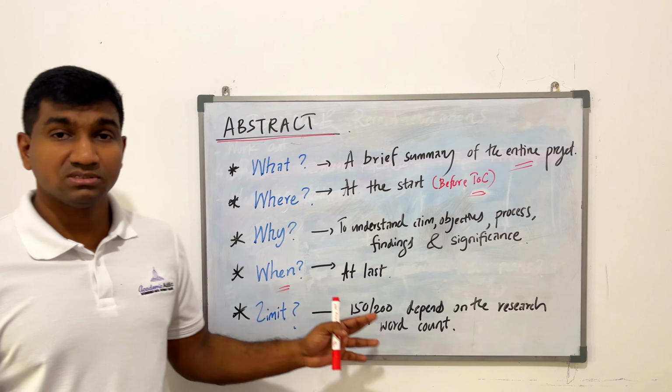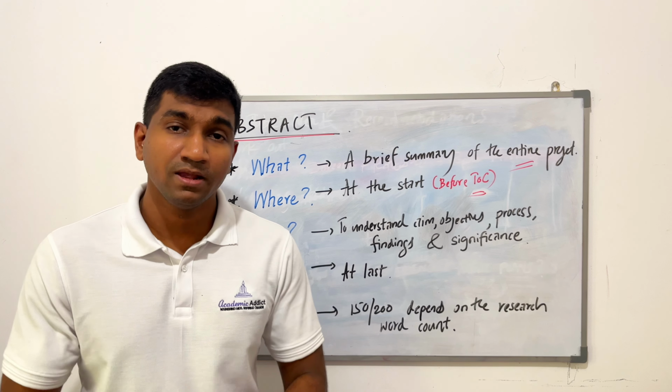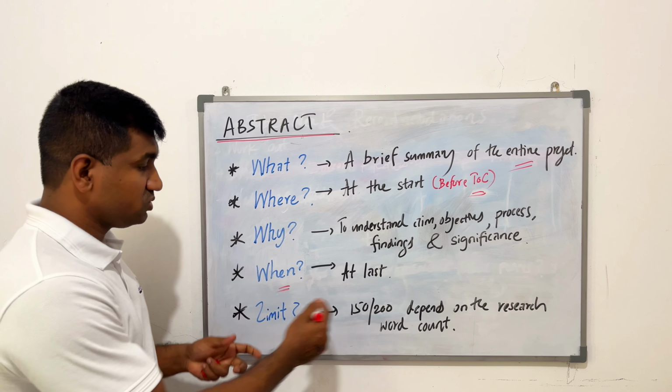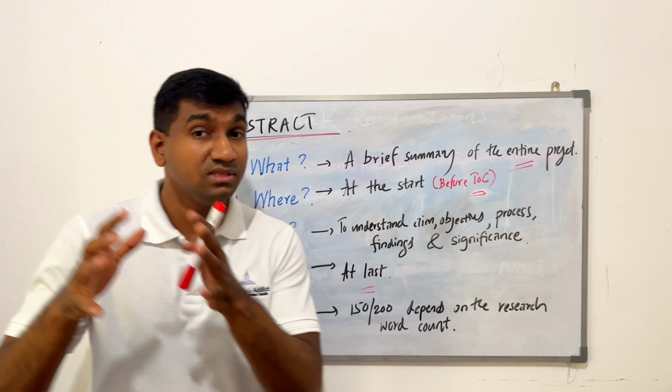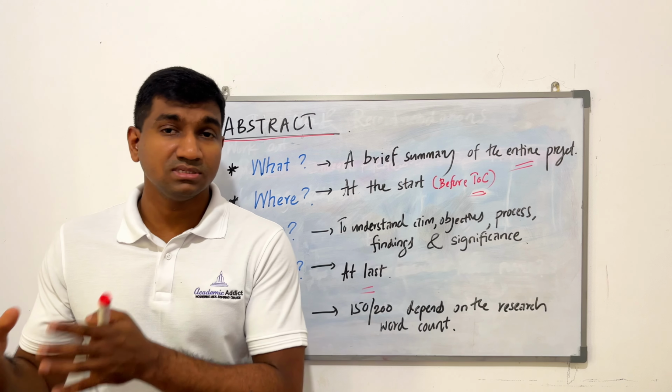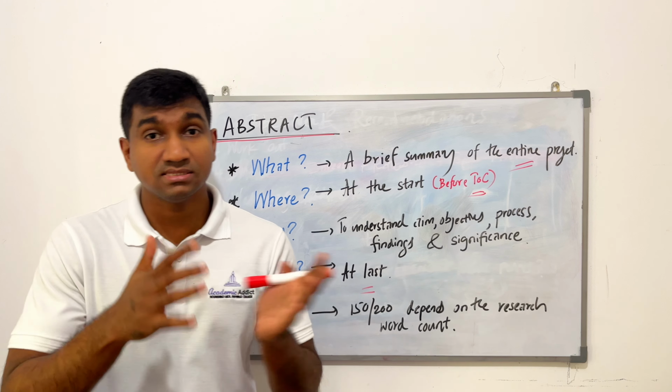If you start with this, how are you going to update your recommendation, when you have not even started the introduction yet? So this should be updated at the final point. That is why I have done this video in this research chapter series in the final part. That's the order.